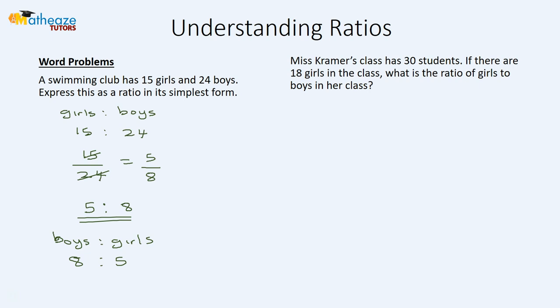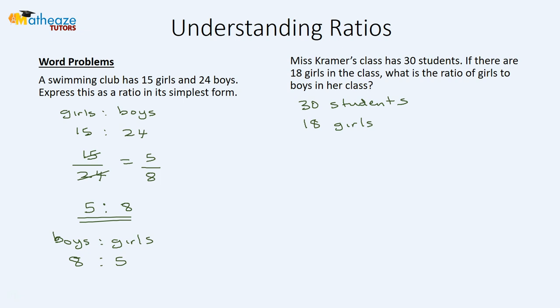Now let's look at some other problem here. Miss Kramer's class has 30 students. If there are 18 girls in the class, what is the ratio of girls to boys in the class?